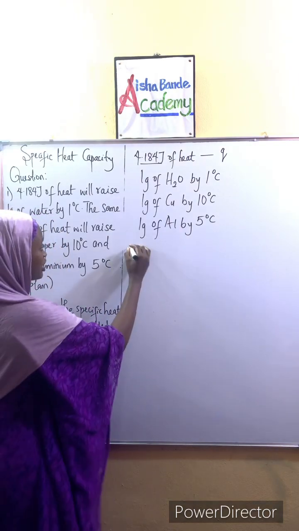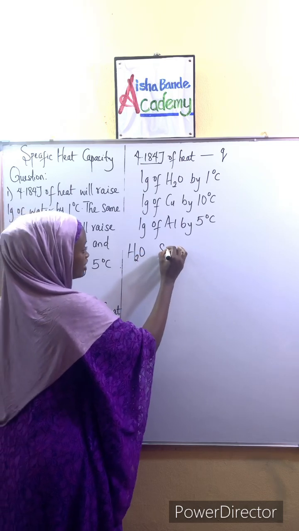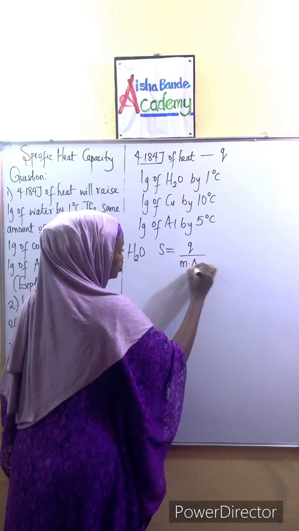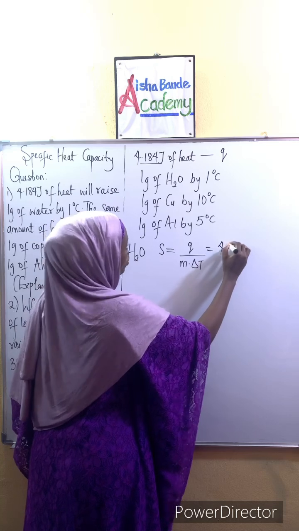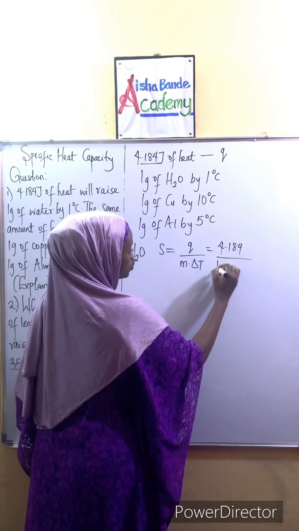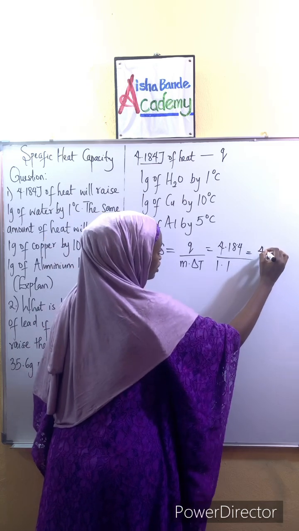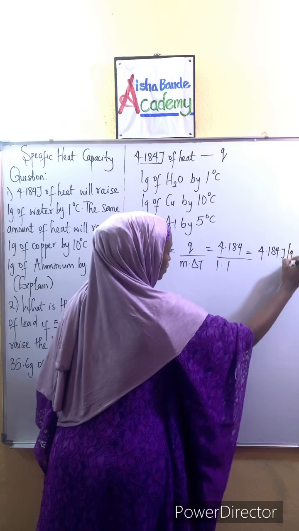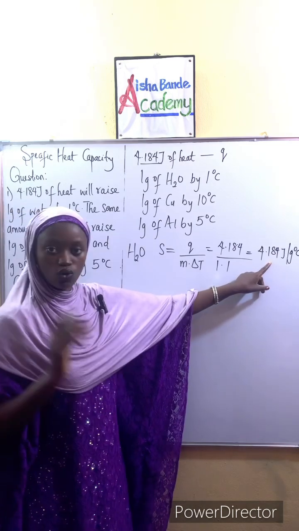Let's calculate the specific heat capacity for water. S is equal to the heat over the mass times the change in temperature. So we have 4.184 divided by the mass of water, which is 1, multiplied by the temperature change, which is also 1. This gives us 4.184 joules per gram per degree Celsius. This is the specific heat capacity for water.